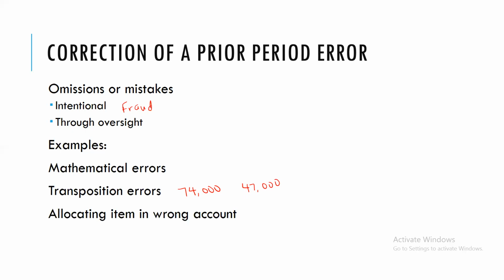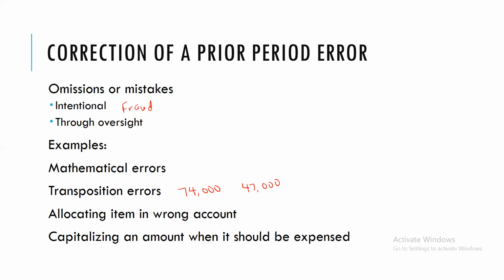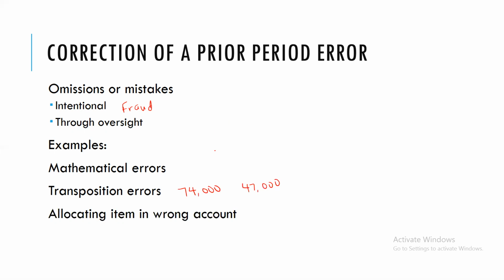Allocating an item to the wrong account. So something was supposed to be in a capital asset, but you put it in, let's say, prepaid or something, for example.